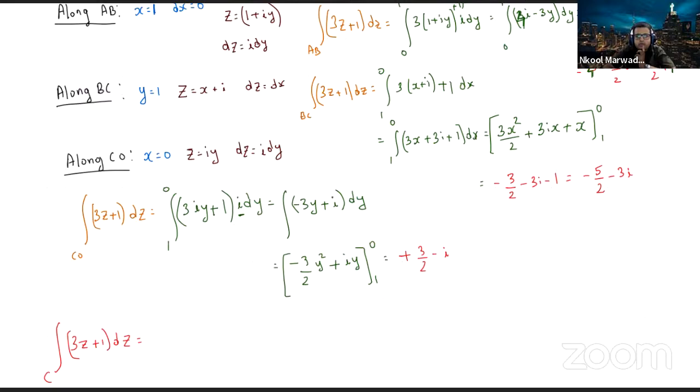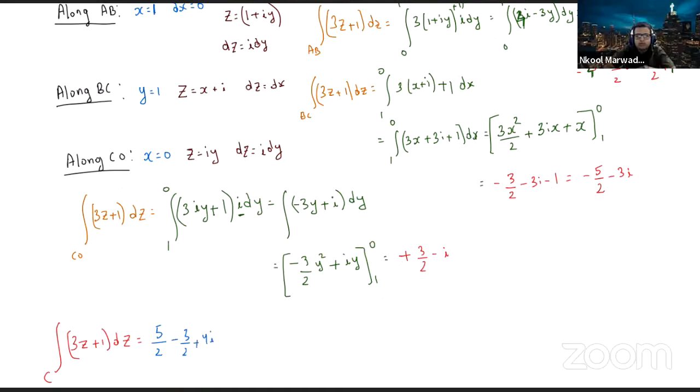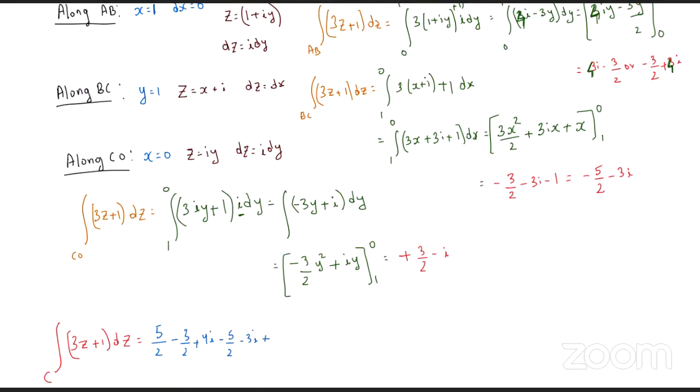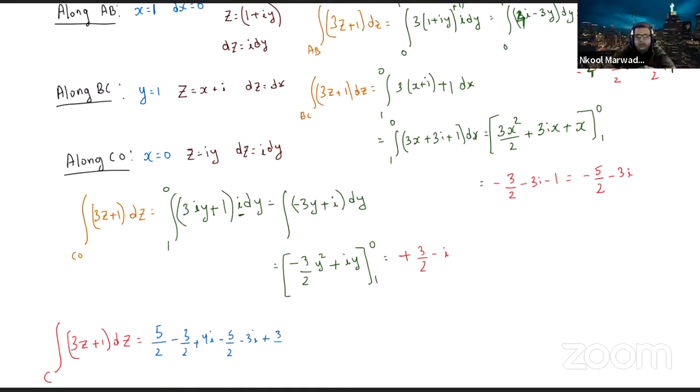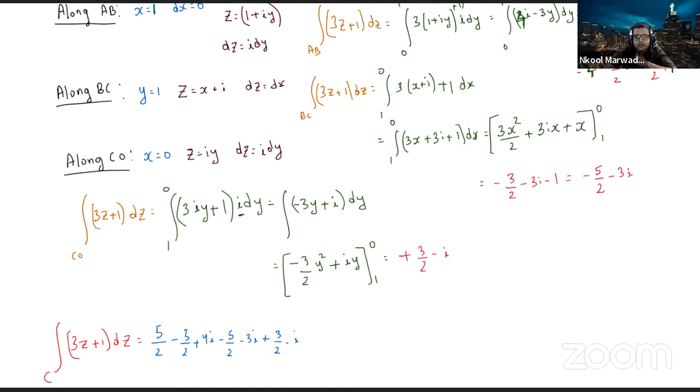5 by 2 minus 3 by 2 plus 4 by 4i, minus 5 by 2 minus 3 by 2 plus 3 by 2. So it is coming 0. That is the right answer, because everything is cutting; everything plus should cut minus.